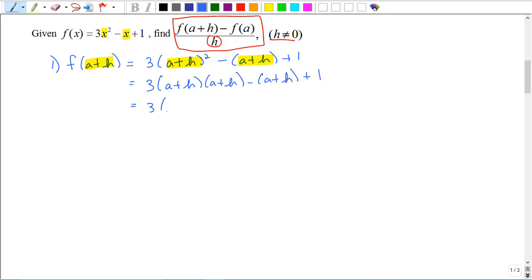Just like on the last problem, I'm going to multiply that together. I'm not going to show my steps this time. I just know it is this result. I'm going to distribute my minus here, and then the last thing I'm going to do is distribute my 3.